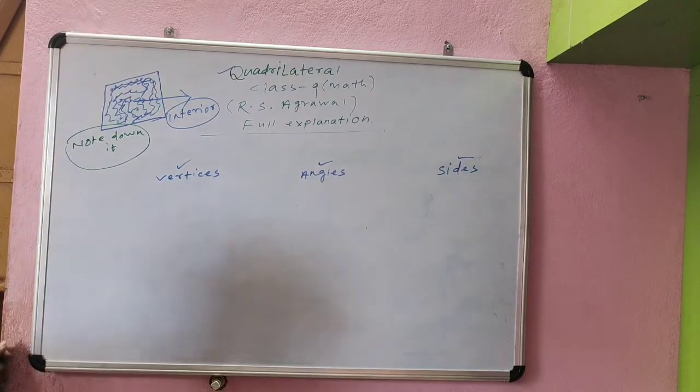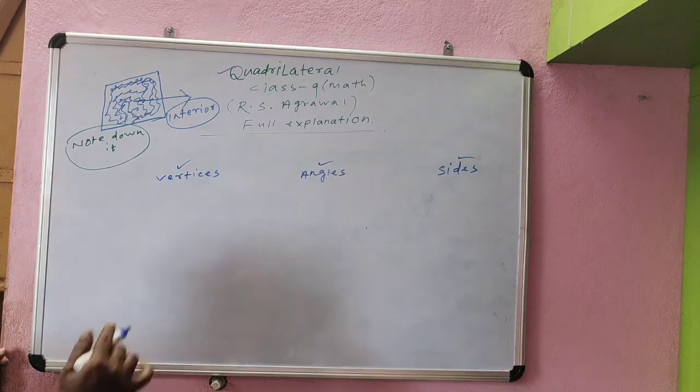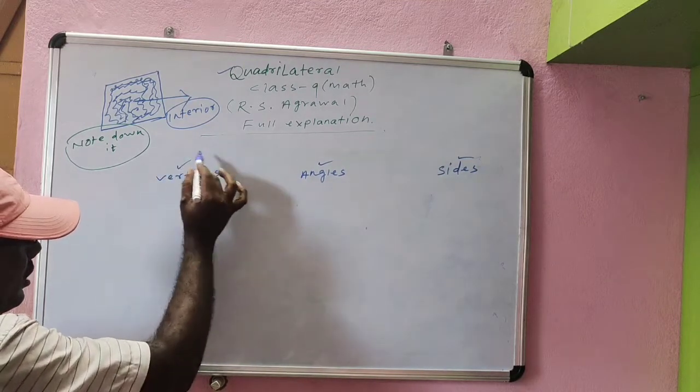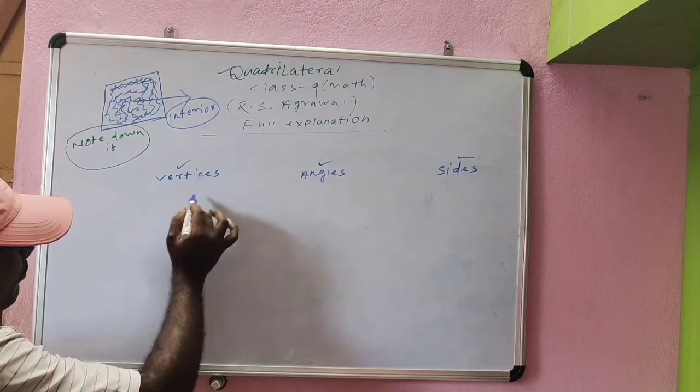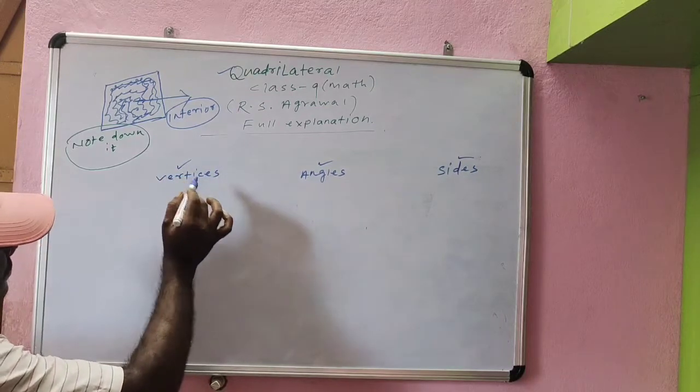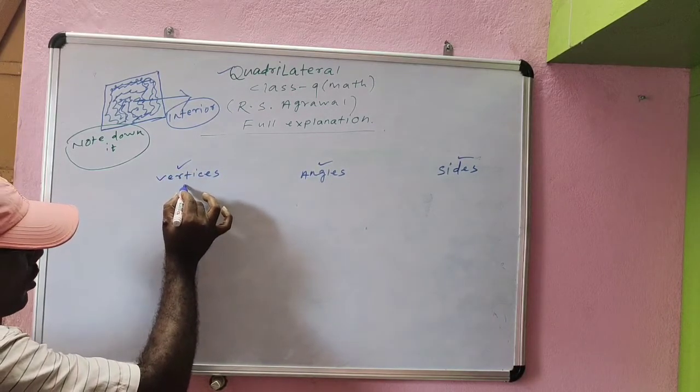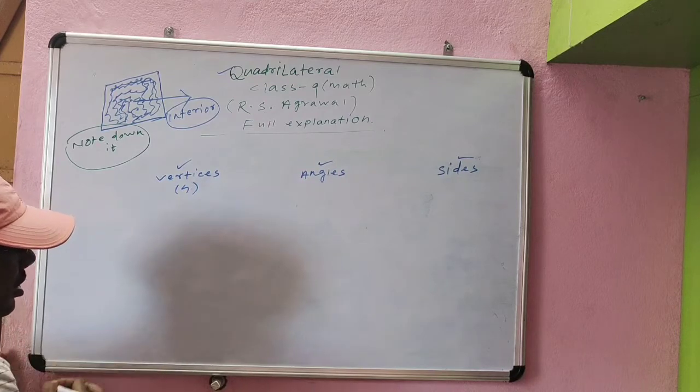Now, the vertices. Already you know that there are totally 4 vertices in a quadrilateral.